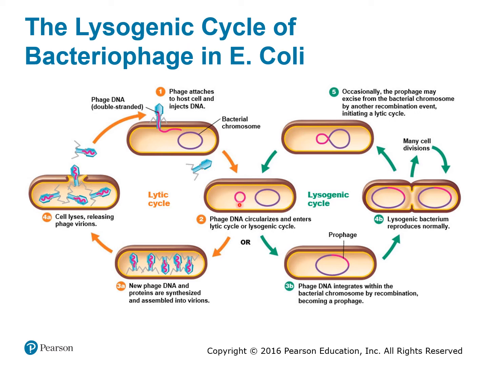Now the phage DNA of the virus is injected, and it can circulate inside of the cytoplasm of the bacteria. During the lysogenic cycle, a very interesting thing happens: the phage DNA integrates itself within the bacterial DNA.